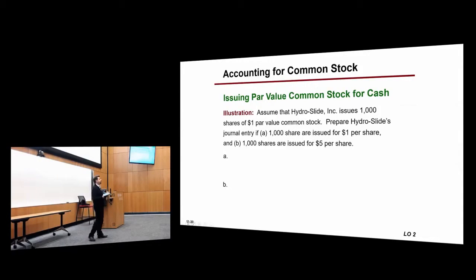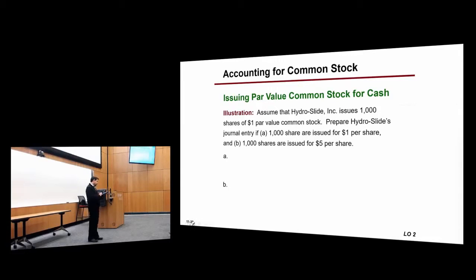Now, when the company issues stock, they are basically selling that stock. So they will receive cash. How much? The amount that is the market price. This is how much they are selling it. So the shares are issued for $1 per share. How much cash is the company going to receive?